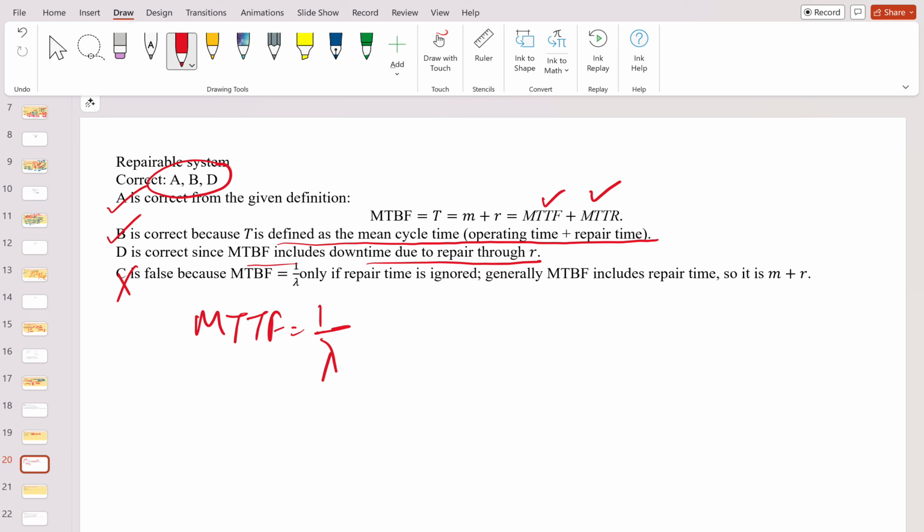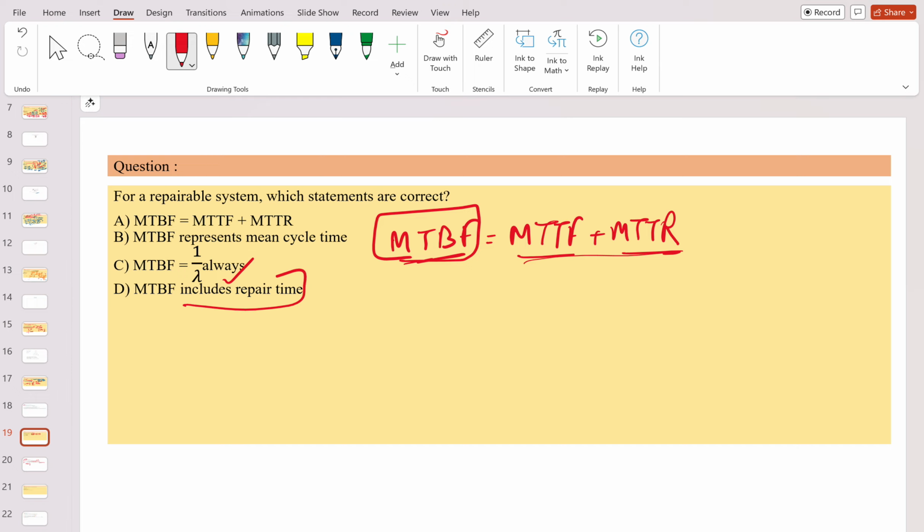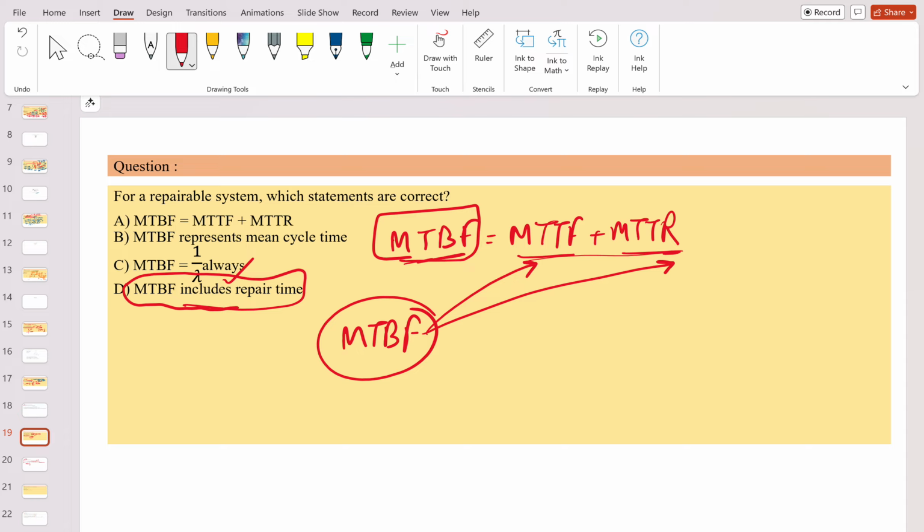MTBF is basically equal to MTTF plus the mean repair time, so the mean repair time will also be considered. Option D, when you see, is correct because it is including the repair time, because MTBF is the sum of mean time to failure and mean time to repair.